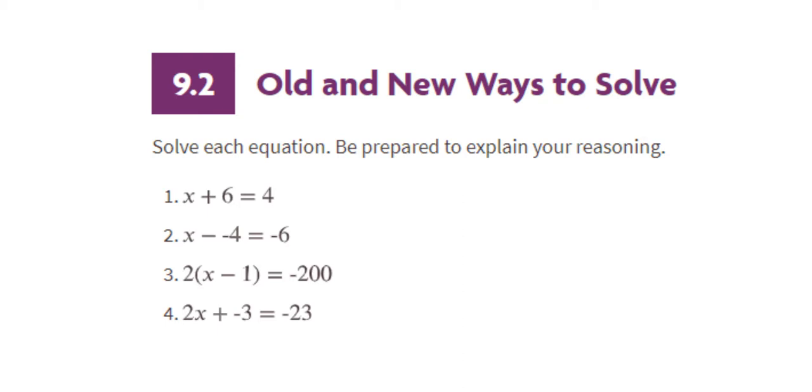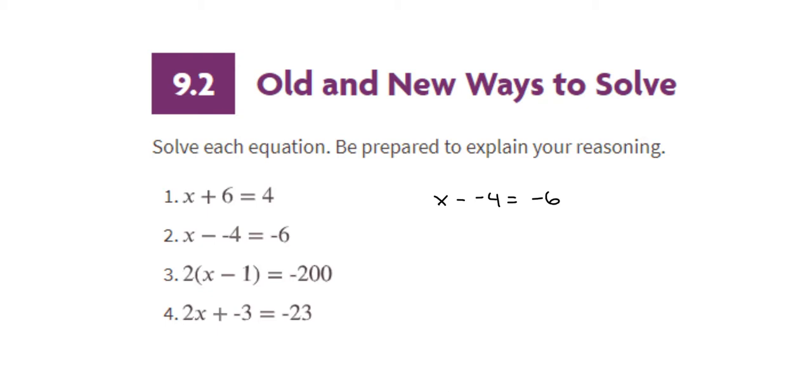So for number 2, we have x minus negative 4 is equal to negative 6. So if I want to get this x by itself, like if we were thinking of a hanger diagram, we're getting rid of those squares, we're adding, right? To get the x by itself, to get the variable by itself. I'm going to do that without the hanger diagram.